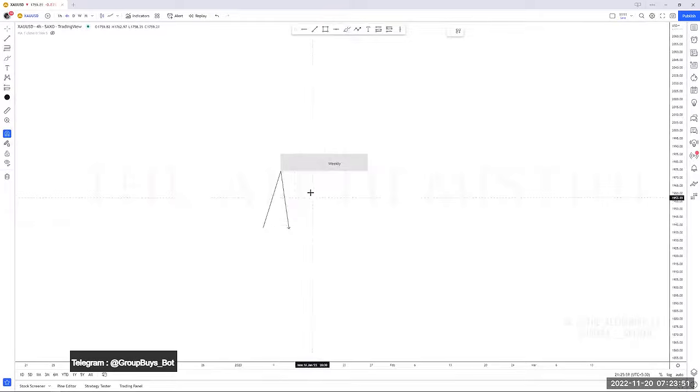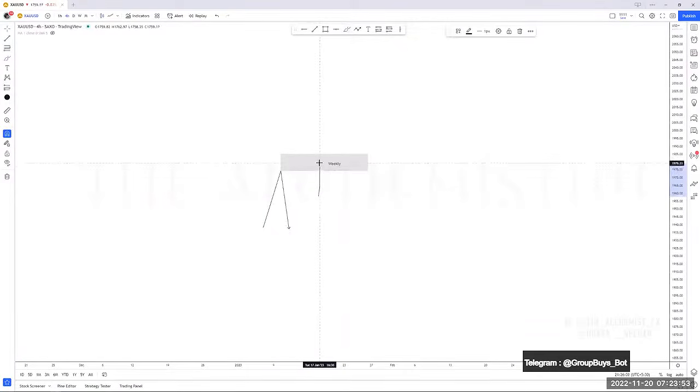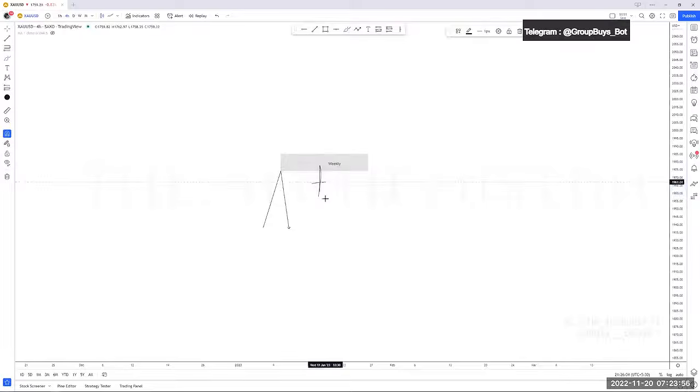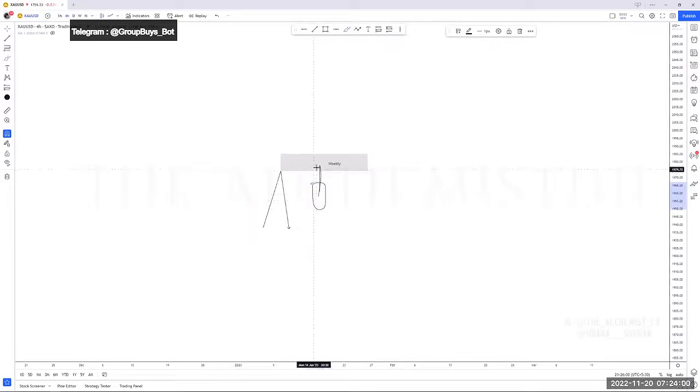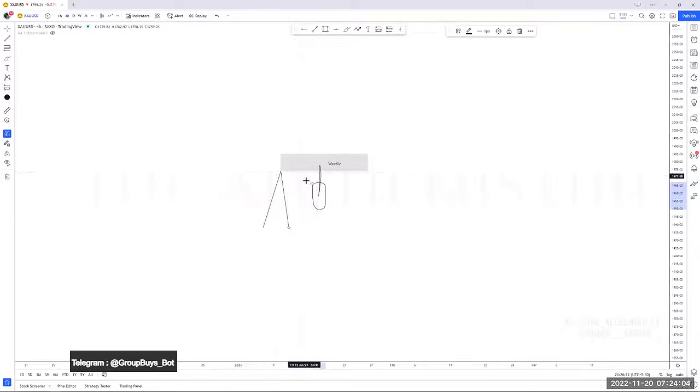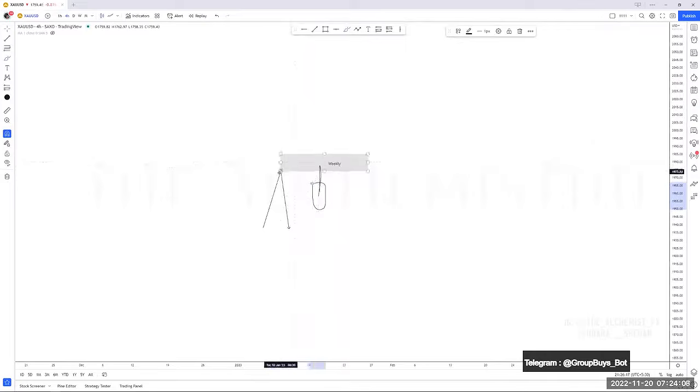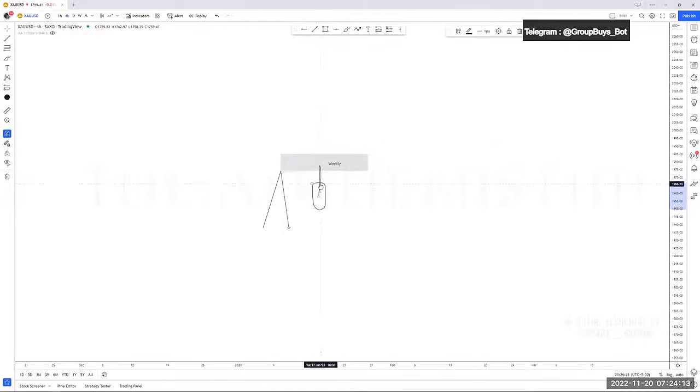Let's say the market tapped into the weekly zone and then closed below the weekly resistance. That is how we know that price is respecting the resistance. So if the weekly, remember, it has to happen on the same time frame.